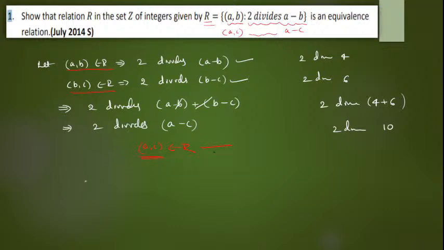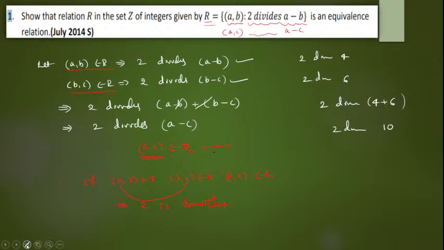This implies if (a, b) belongs to R and (b, c) also belongs to R, then the third ordered pair (a, c) also belongs to R. This implies what? Your relation R is transitive.